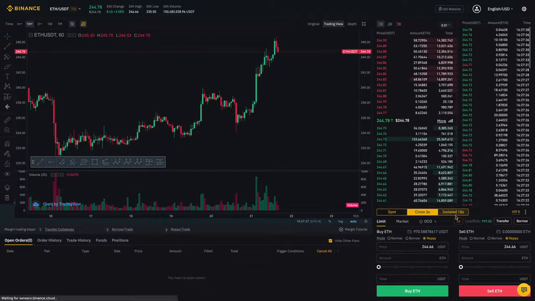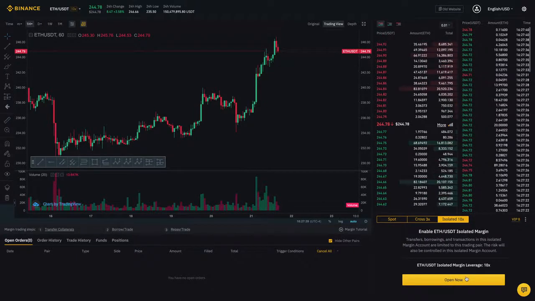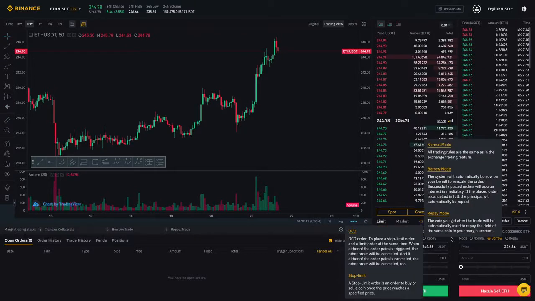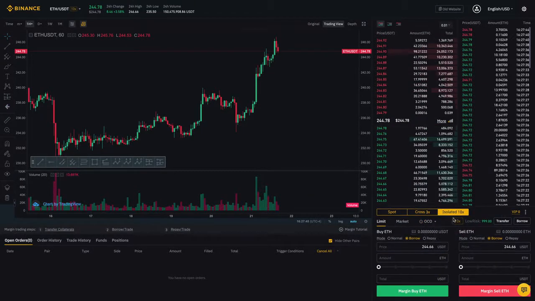Now, isolated, oh, I haven't created that, but if you haven't created one, you're going to have to create one. Just click on that. And the only difference between isolated and cross is just how the risk is calculated. So isolated means that it's only for Ethereum. So that means my risk, I can leverage up to 10 times only specifically on Ethereum against whatever collateral I've put in there.